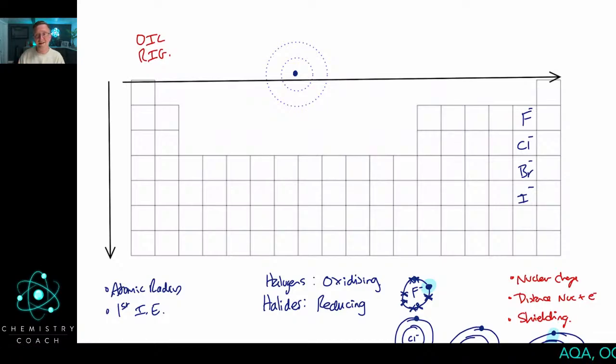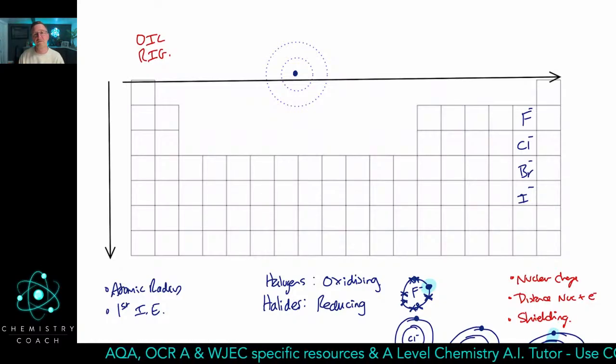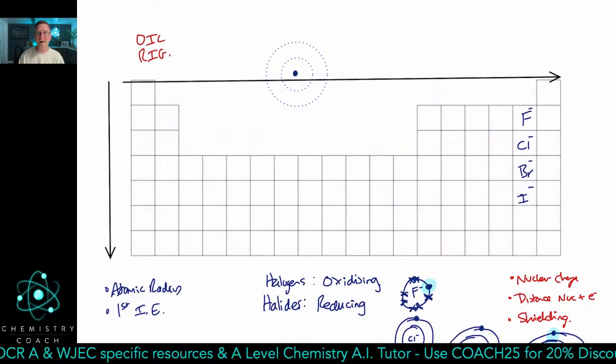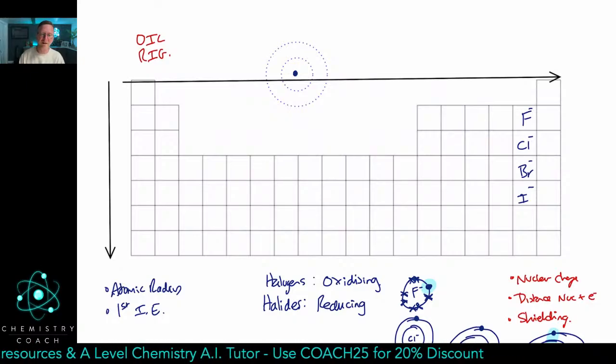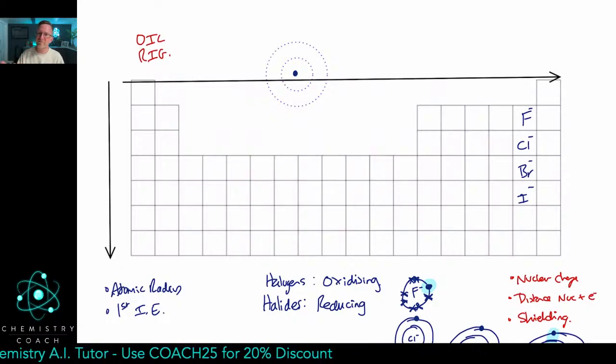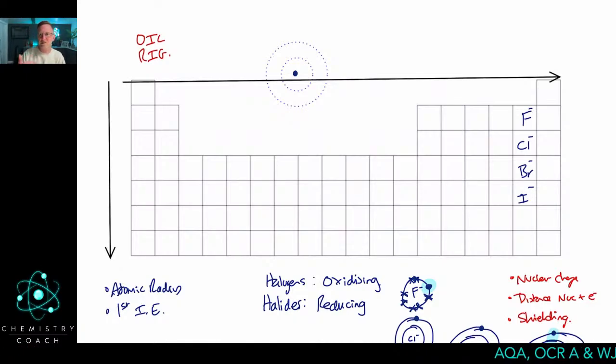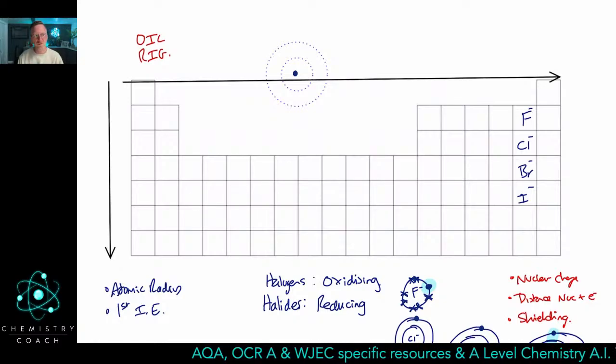And it's not just the halogens. You can compare the oxidizing power of oxygen and sulfur. Oxygen is a more powerful oxidizing agent than sulfur because, for the same reasons, fluorine is stronger than chlorine. Because it's got less shielding, greater attraction between the nucleus and outer electrons, and so on. So they're the same reasons. I cannot stress that enough.